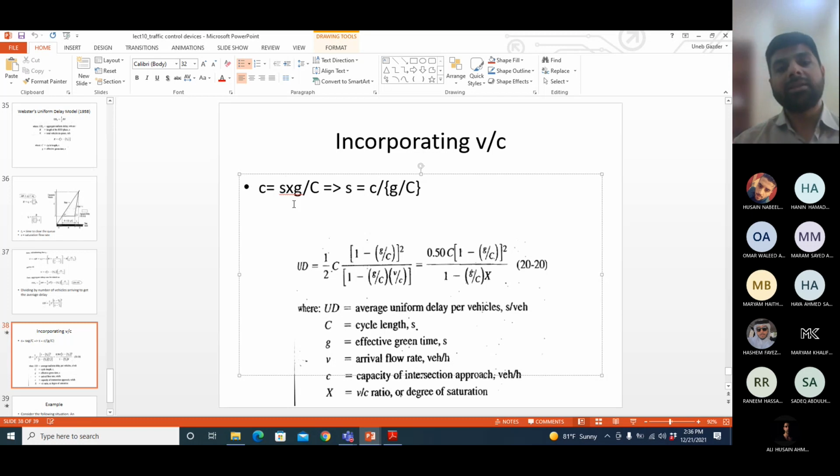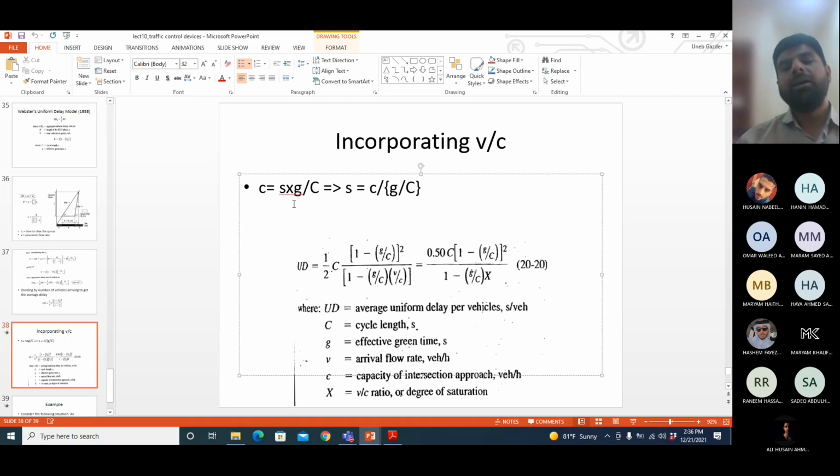Since the complete cycle length is not equal to effective green, G by C ratio is never 1, so you only achieve a portion of saturation flow rate as capacity, and that portion is equal to the portion of cycle length which is effective green.